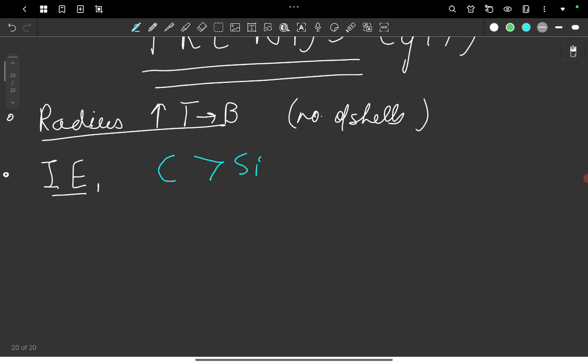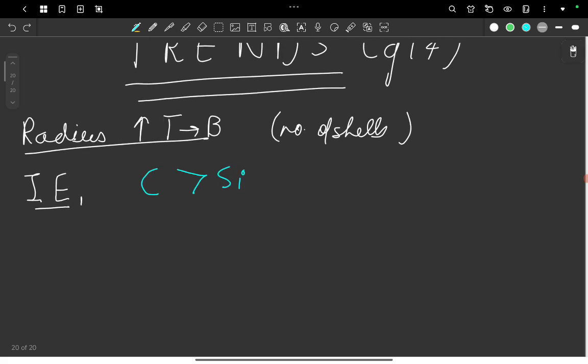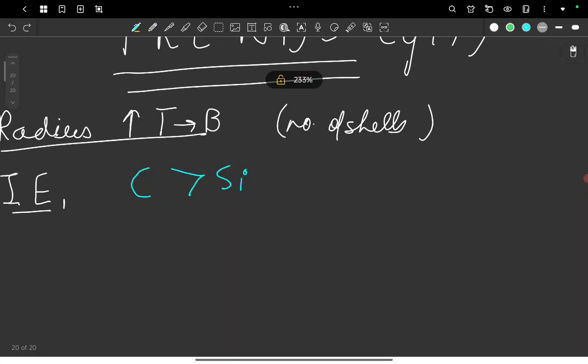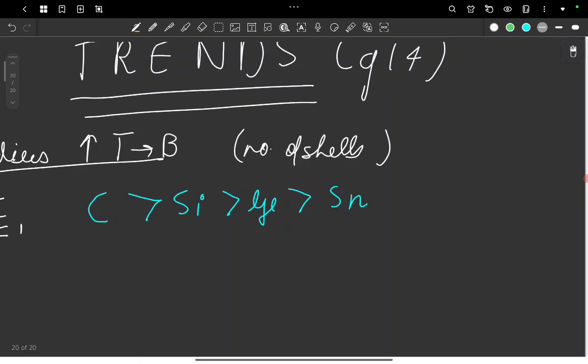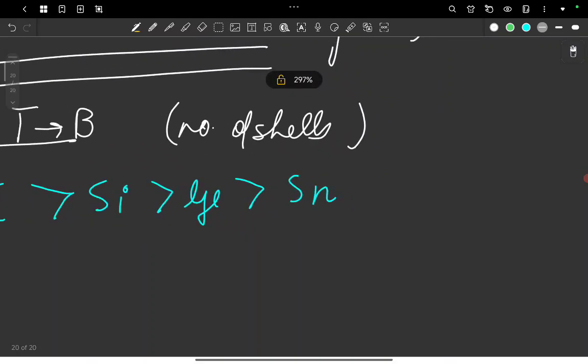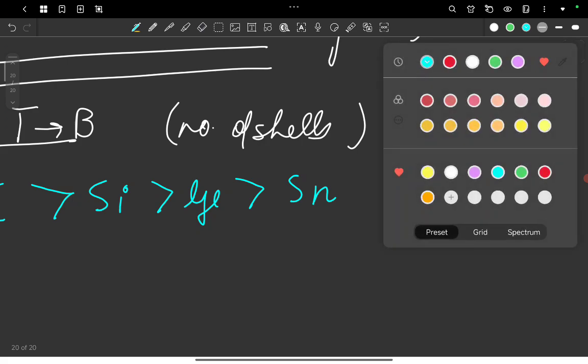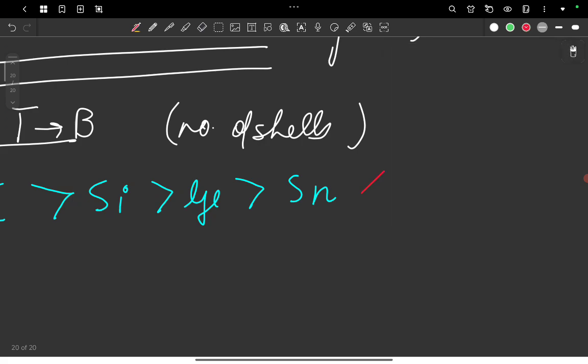Carbon is greater than silicon here. Of course it is a smaller element, so it will have more pulling power from the nucleus, which we call nuclear charge, and it will be harder to abstract an electron from its outermost shell. And for the same reasons, silicon is greater than germanium, and germanium is greater than tin. But thanks to lanthanide contraction, the exception here lies in the fact that lead is slightly greater than tin.